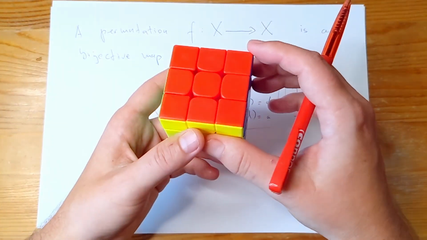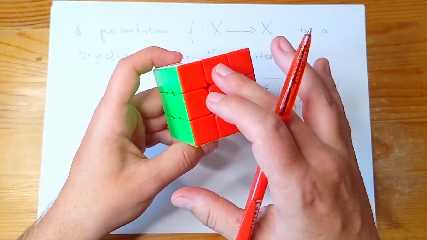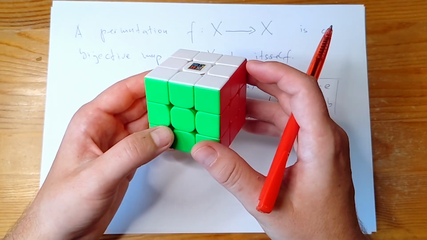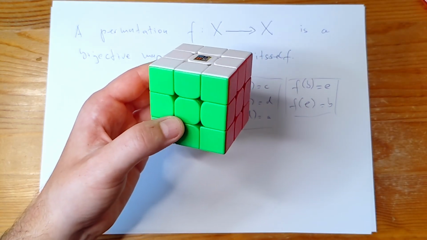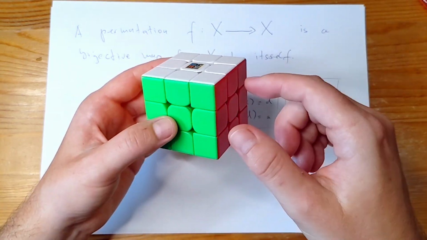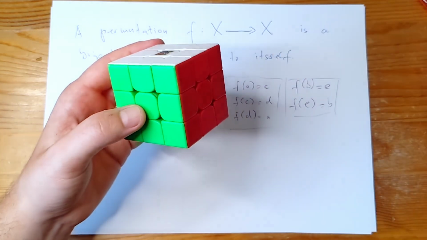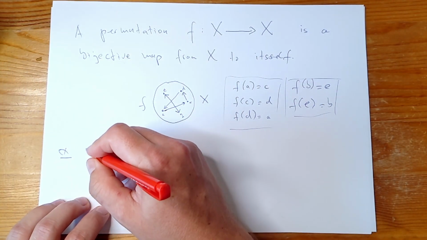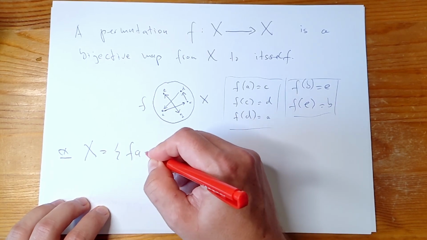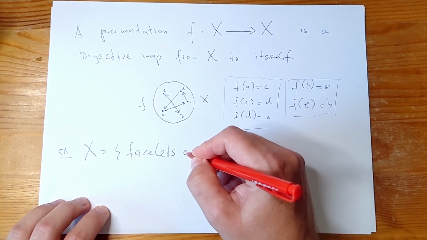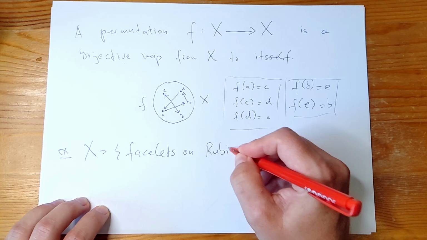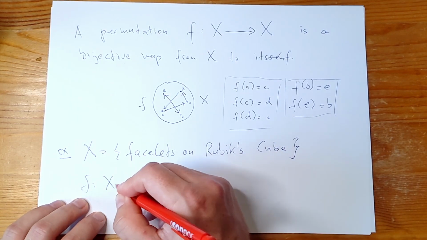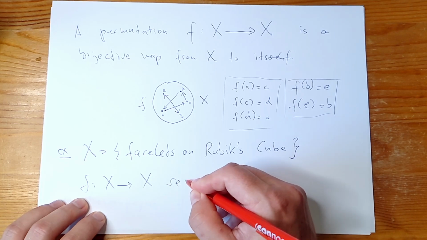So on each face, we have 9 facelets here. So this means that in total, we have 54 facelets. And a sequence of moves is just a very special way of permuting these facelets. So in our case, for example, X is the set of facelets on the Rubik's cube, and F could be a sequence of moves.